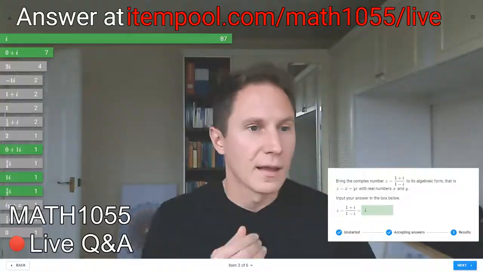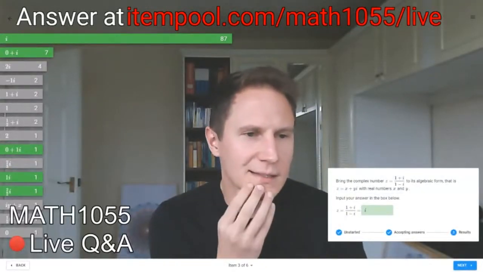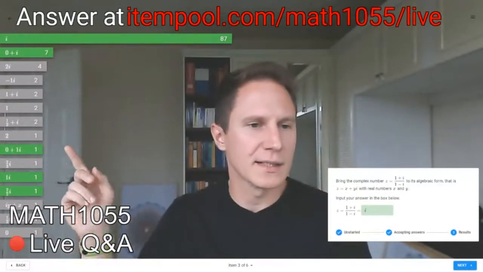Yes, there it is. So it's I, and I see that there are some equivalent answers. So if you look here on the side, you can see answers like 0 plus I. So these 7 of you took it literally.